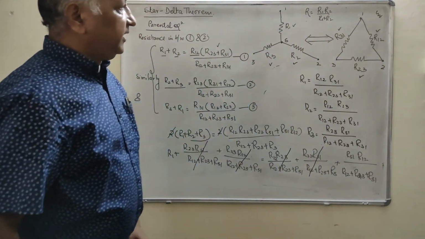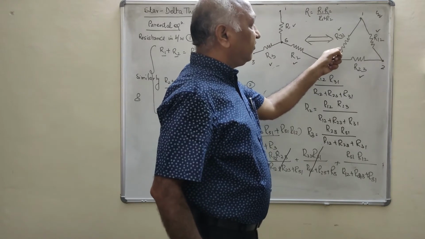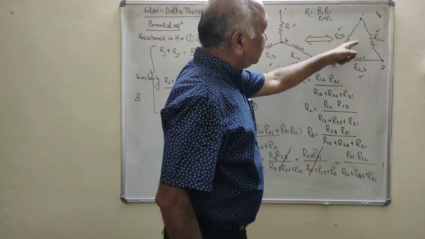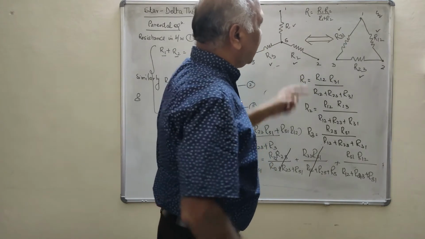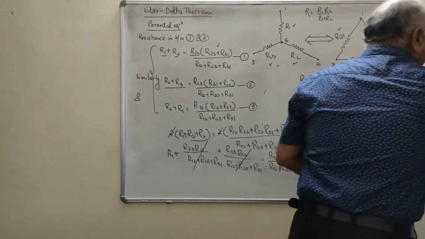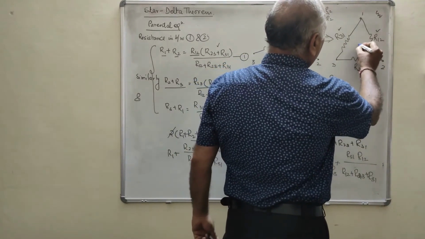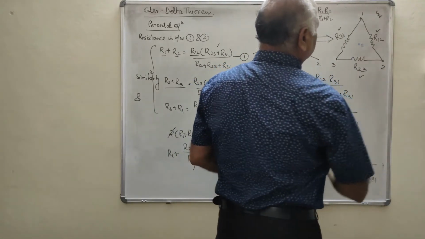Clear? Now see, if this delta connection is given in the network and we have to convert this delta into star, then first of all we will mark the common point. Say the common point is S. Clear?